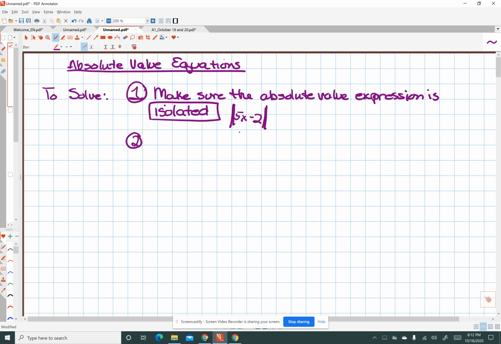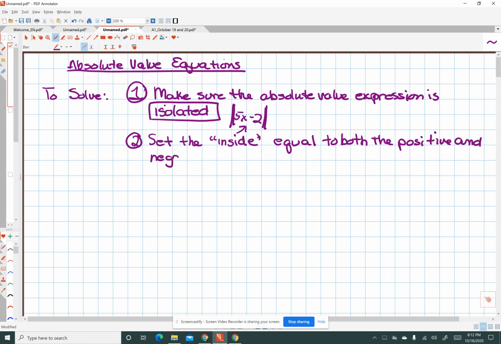So you need to set what is inside those bars equal to both the positive and negative number from the other side of the equation.